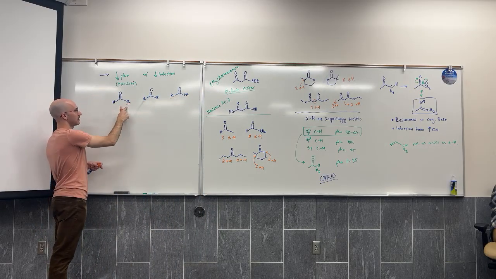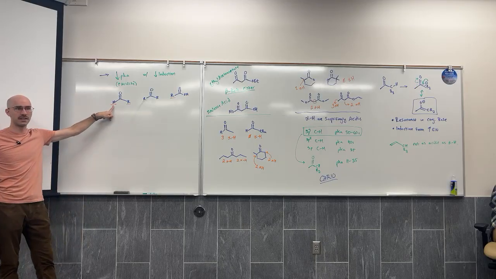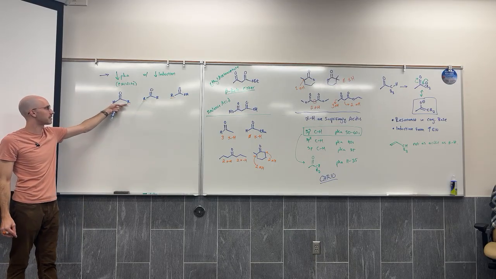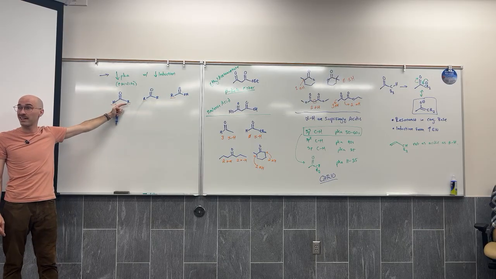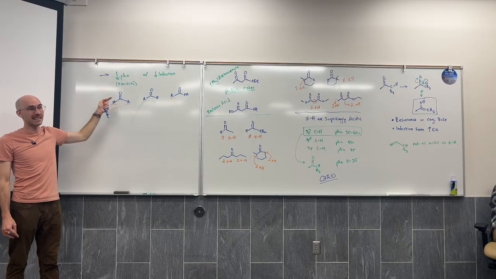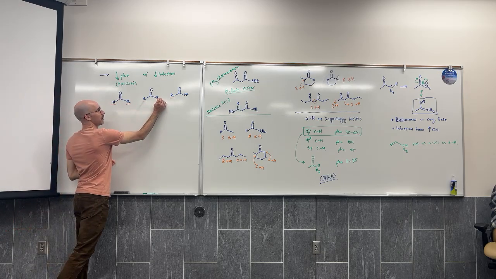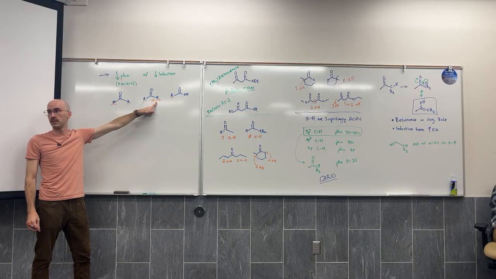The difference is a very small electron density from the hydrogen that could push its electron density at the alpha carbon and make it less of a base because it's being given electron density. But a ketone has a much larger electron density to push.